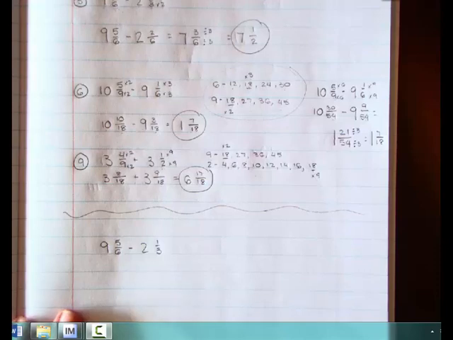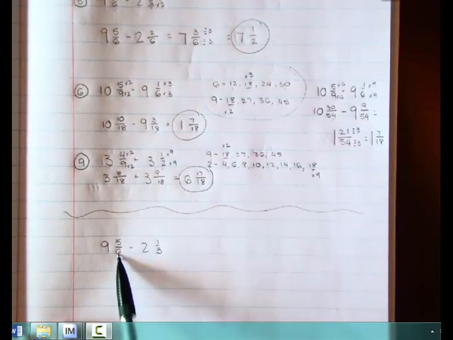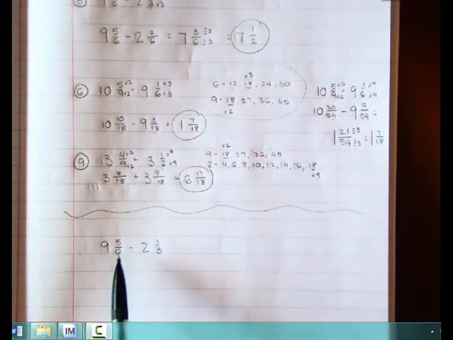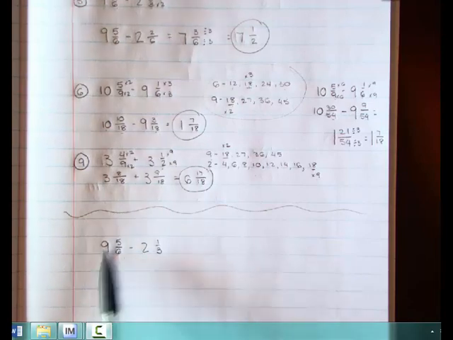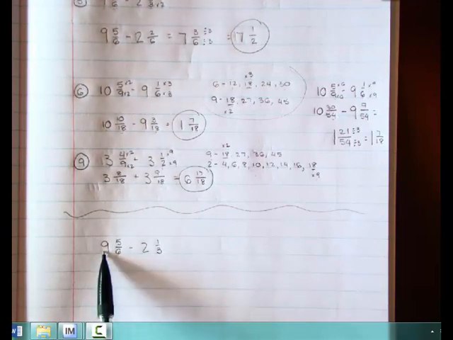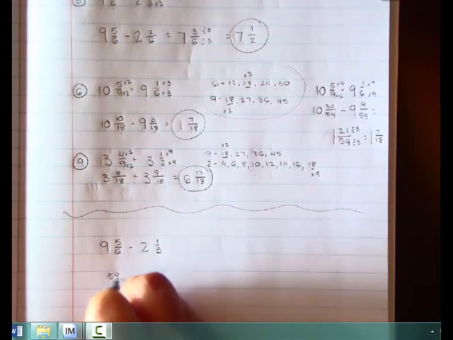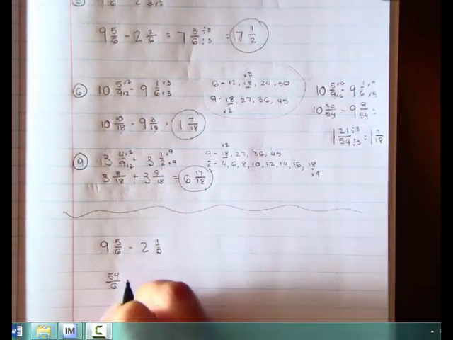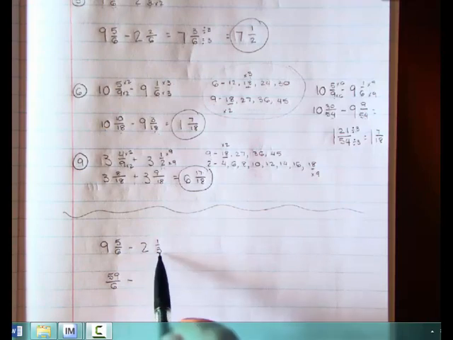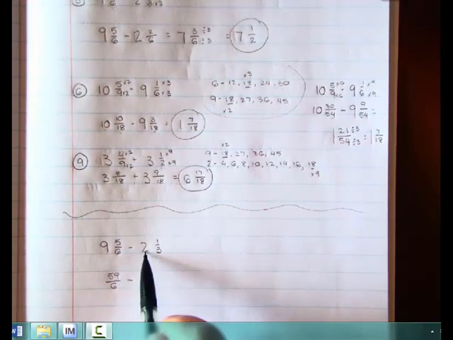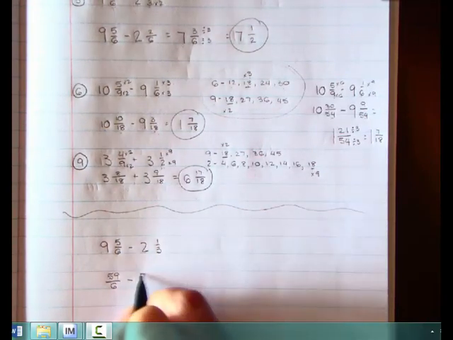If I wanted to change these into improper fractions, we're going to multiply your denominator by the whole number and then add your numerator. So 6 times 9 is 54, plus 5 is 59, so it'd be 59/6 minus 3 times 2 is 6, plus 1 is 7, so that would be 7/3.